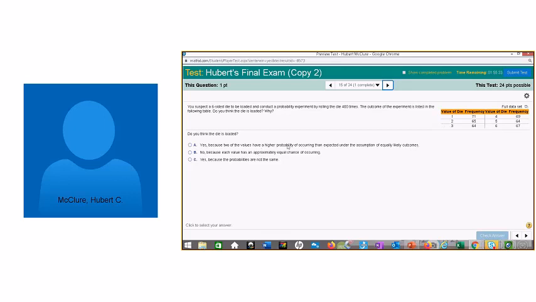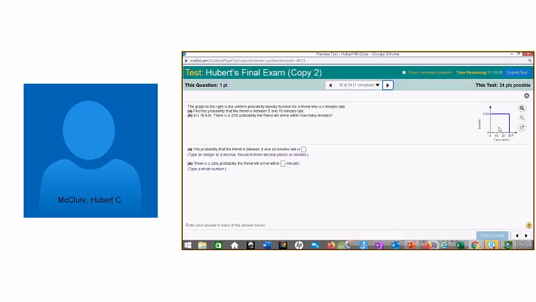So I would say no, do you think the die is loaded? No. Because you're looking for a big number somewhere like 120 or 100 or 111. You're looking for something out of whack. 7 questions that are pretty simple.